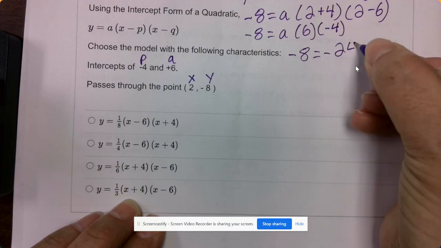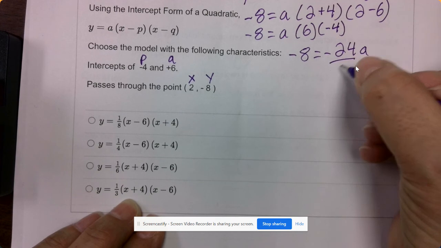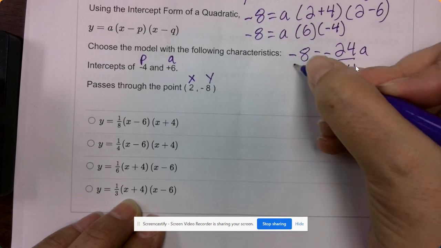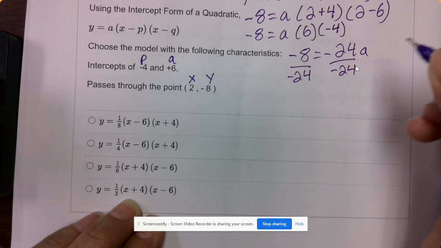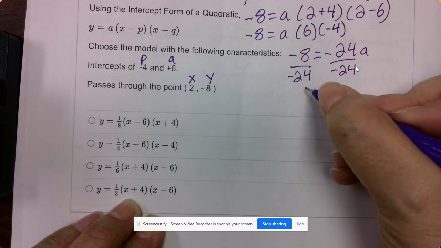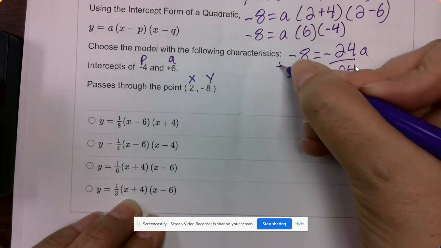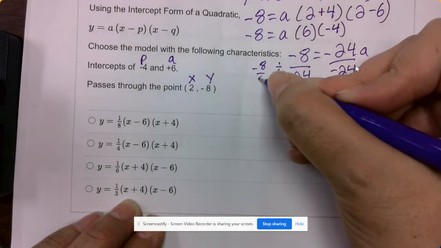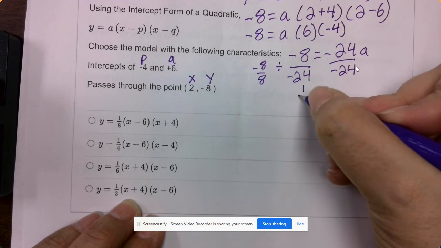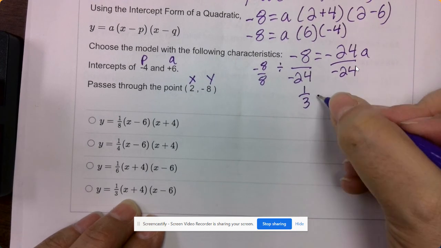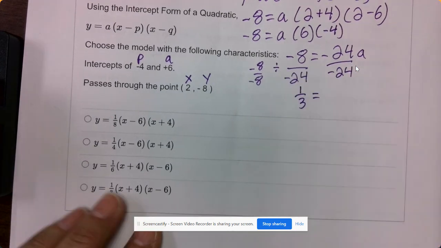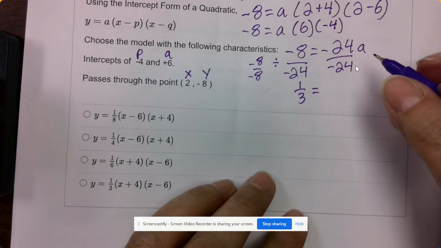Okay, and now we divide by negative 24. We can divide both of these by negative 8, the greatest common factor, so we get 1/3. Negative divided by negative is going to be positive, 1/3, a.